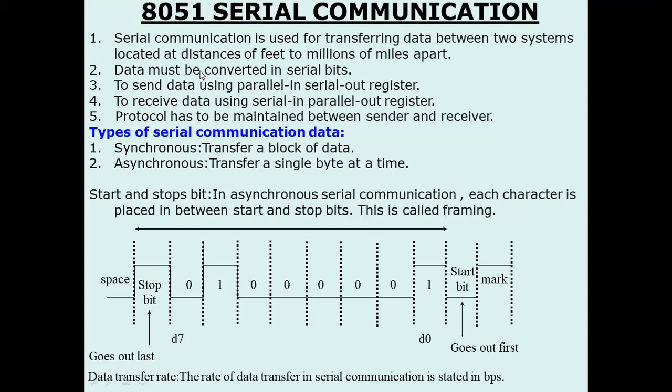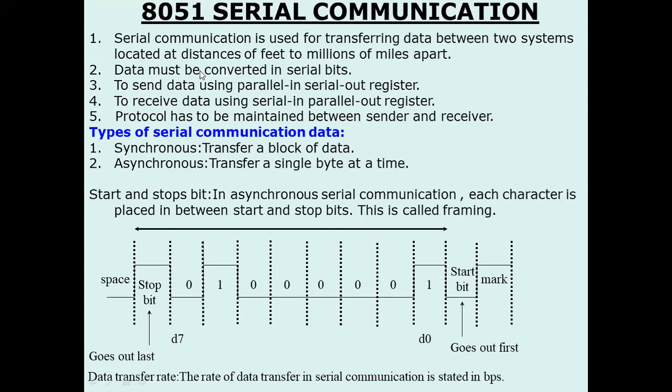So the basic difference is that in parallel communication, the communication is faster, because in parallel every piece of information is conveyed from the sender to the receiver at once. But in case of serial communication, you need to wait until the previous bit is transmitted and received successfully.